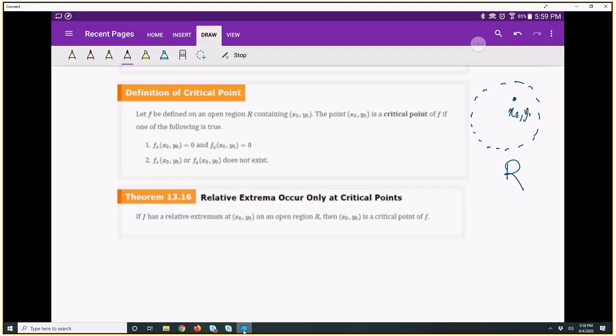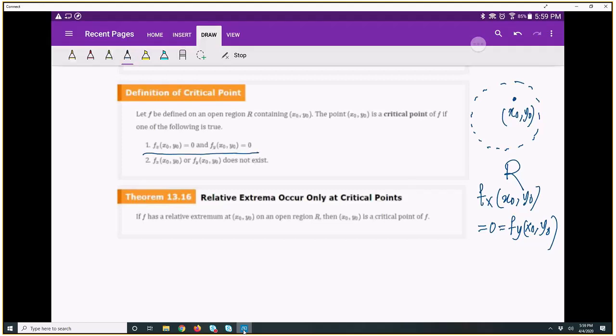If both first order partial derivatives, fx at this point x0, y0 is equal to 0, and fy evaluated at this point x0, y0 is also 0, then the point x0, y0 is a critical point for my function.